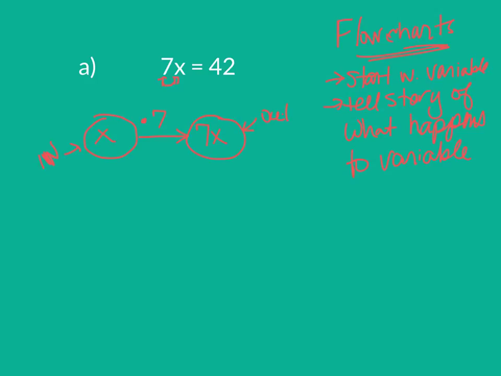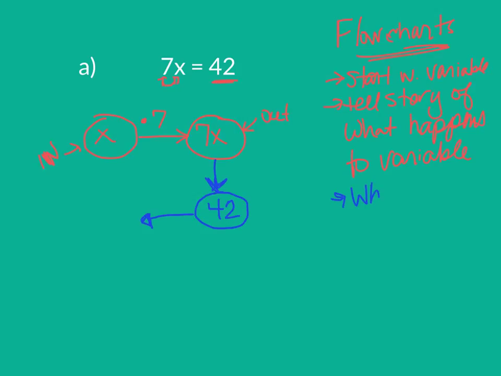Okay? So we know that 7x is equal to 42. So that means I'm going to be backtracking from 42. And I'm going to place my 42 directly under that 7x because those are equal to each other. And now I need to know what to do to get back to what the x is equal to. So I always ask the same question.